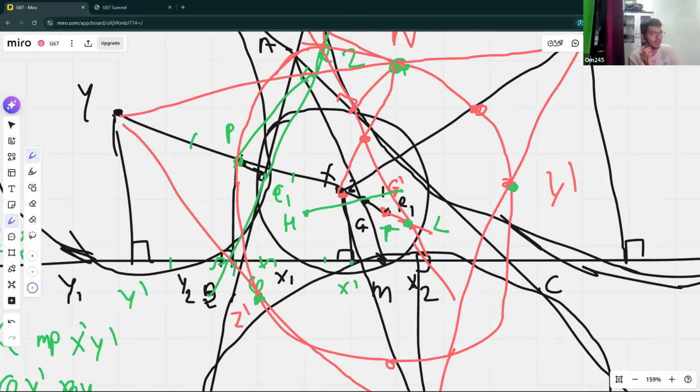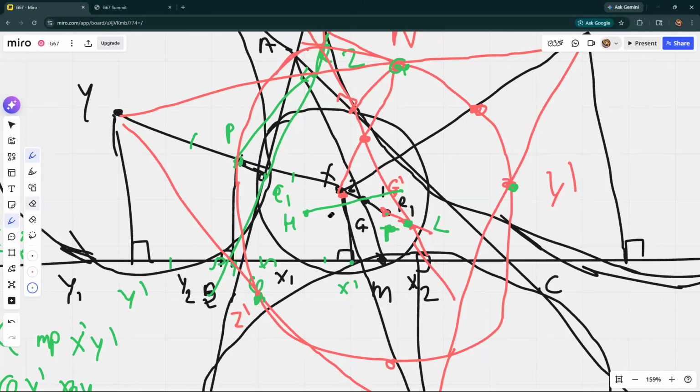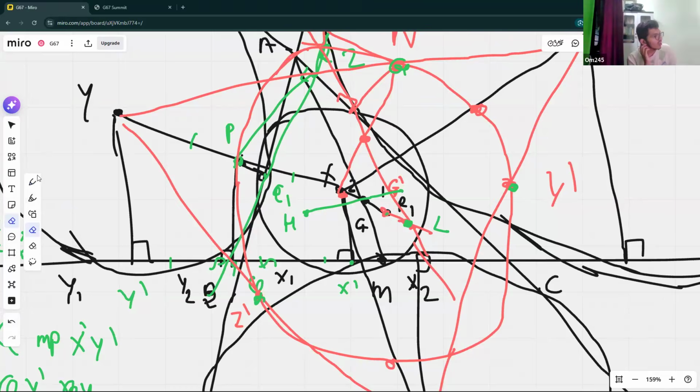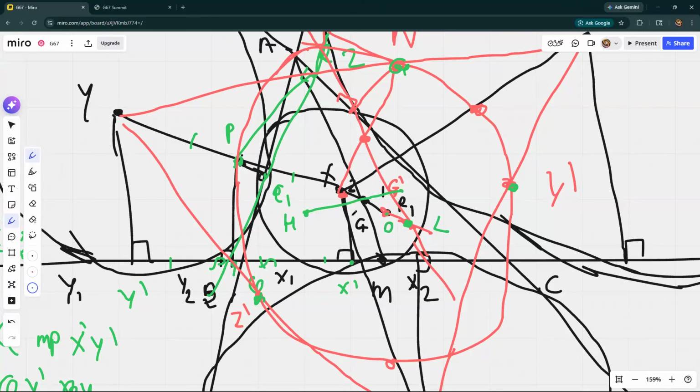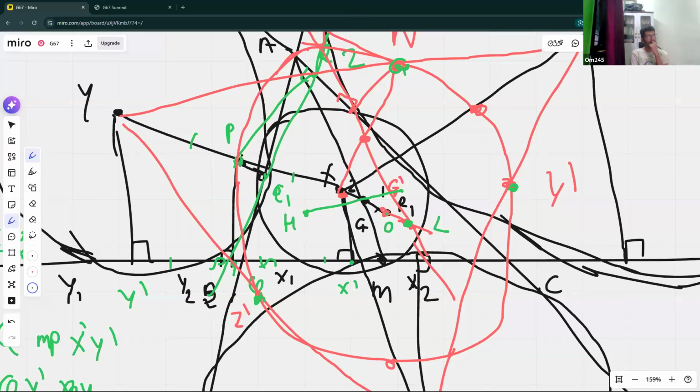Let's call it P. Actually, just call it O, it doesn't really matter. I'm saying that HO is equal to HL. I don't know why this is true.